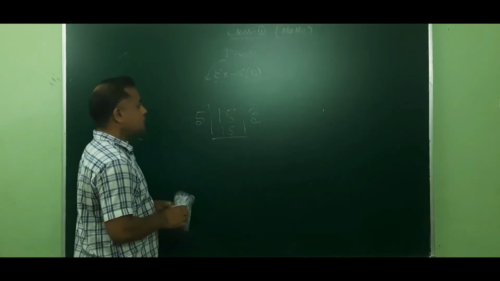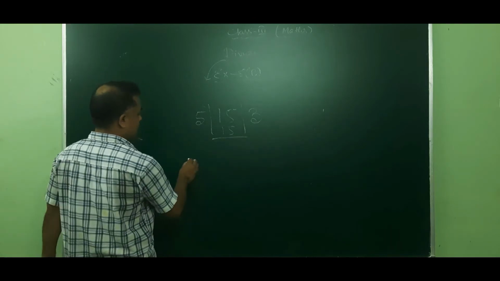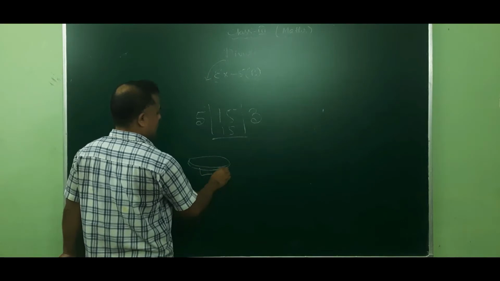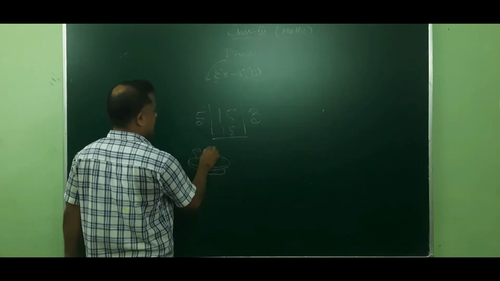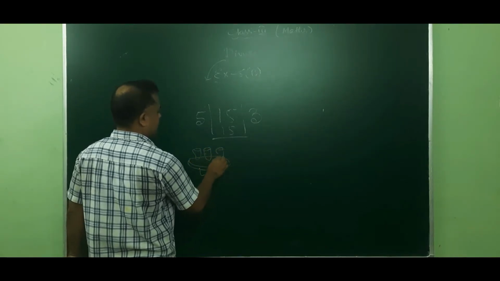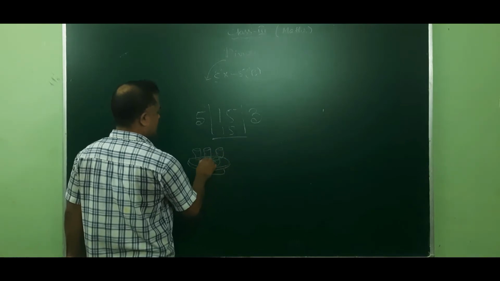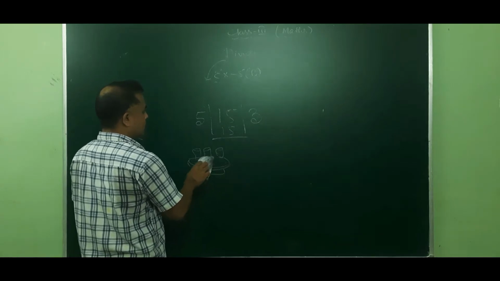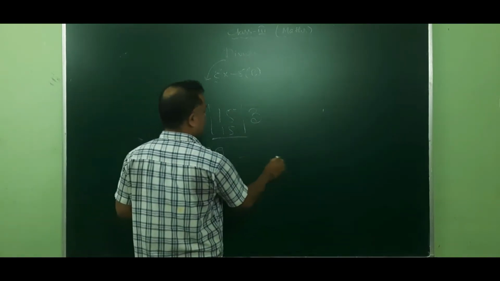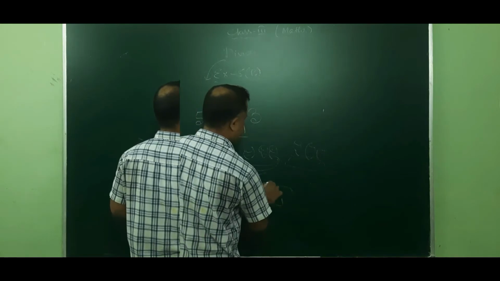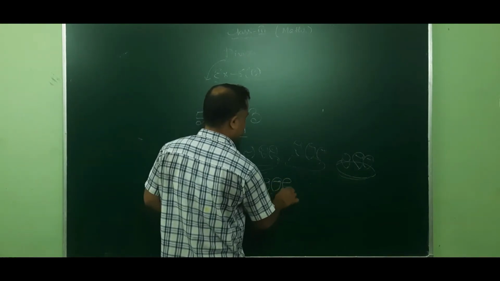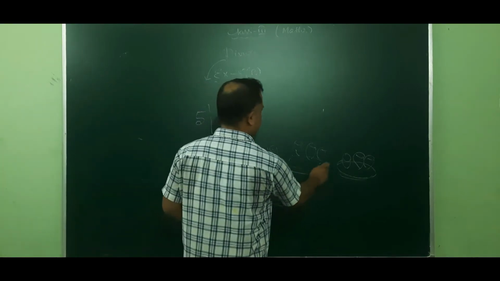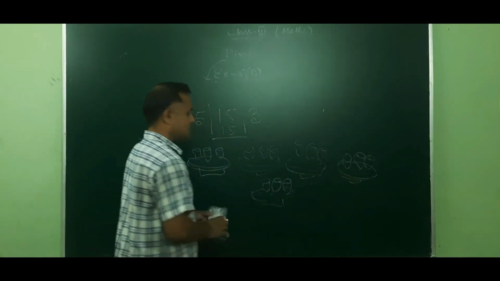So in each tray we can place 3 glasses. In 5 trays we can put 3 glasses each.